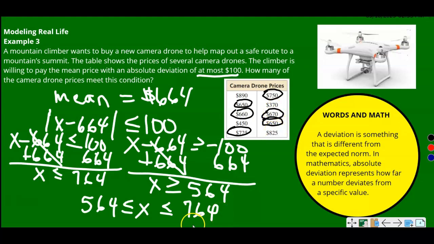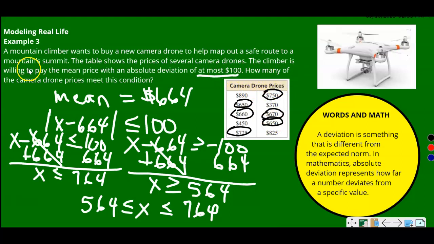And 825 is above that range, so maybe he just doesn't have that much money to do that. It says the climber is willing to pay the mean with an absolute deviation of at most $100. So there are 1, 2, 3, 4, 5, 6 out of 10 drone prices that fall within that range.